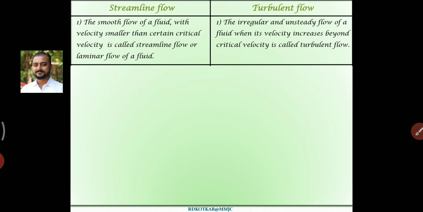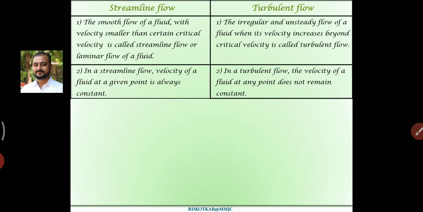Okay. Next point: in the case of streamline flow, the velocity of fluid at a given point is always constant. Remember, this point is noteworthy. The velocity of a fluid at a point is always constant, meaning in that liquid flow you may consider any point, and if the velocity remains constant there, then that flow is streamline flow.